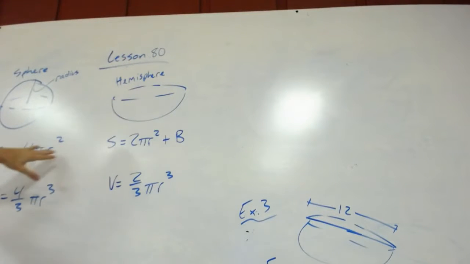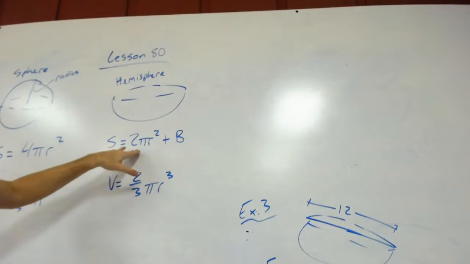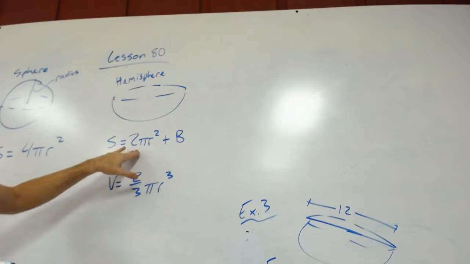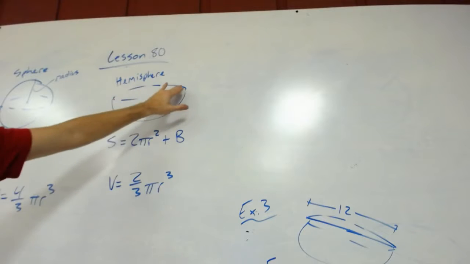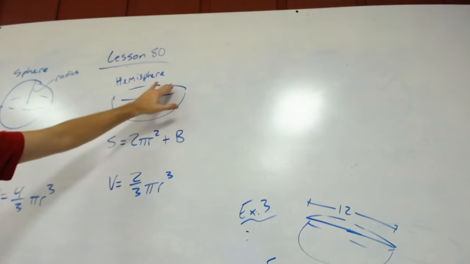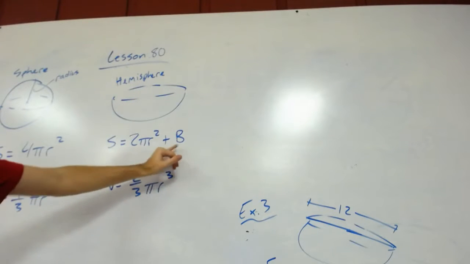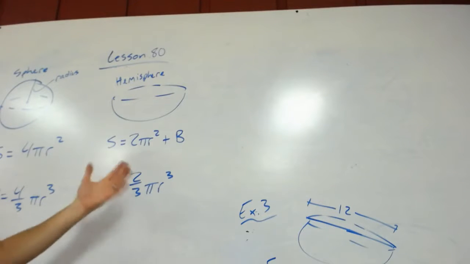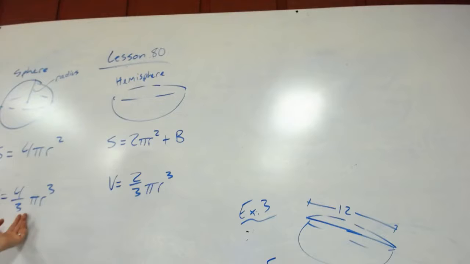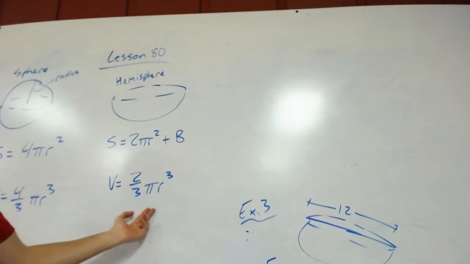So rather than 4 pi r squared, we do 2 pi r squared. But since we're doing surface area, we got to also add the area of the base, the area of the circle. So 2 pi r squared plus the area of the base. And then the volume, you simply divide your formula of 4/3 pi r cubed by 2, and you get 2/3 pi r cubed.